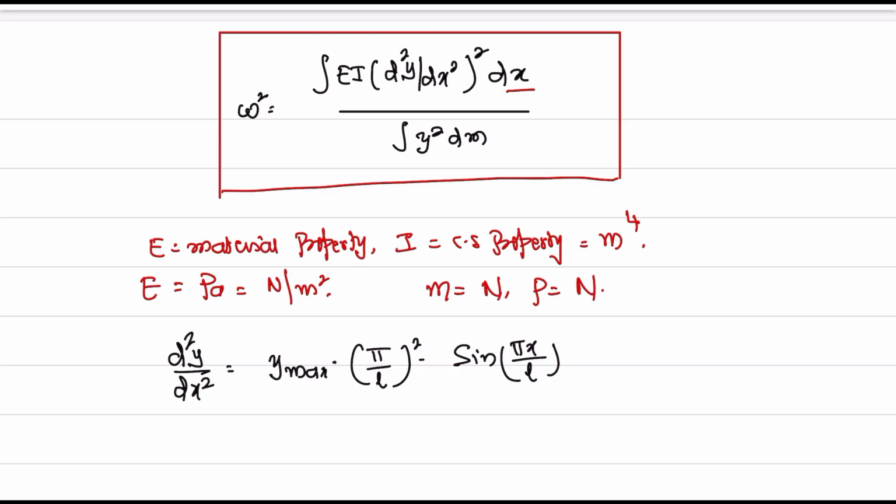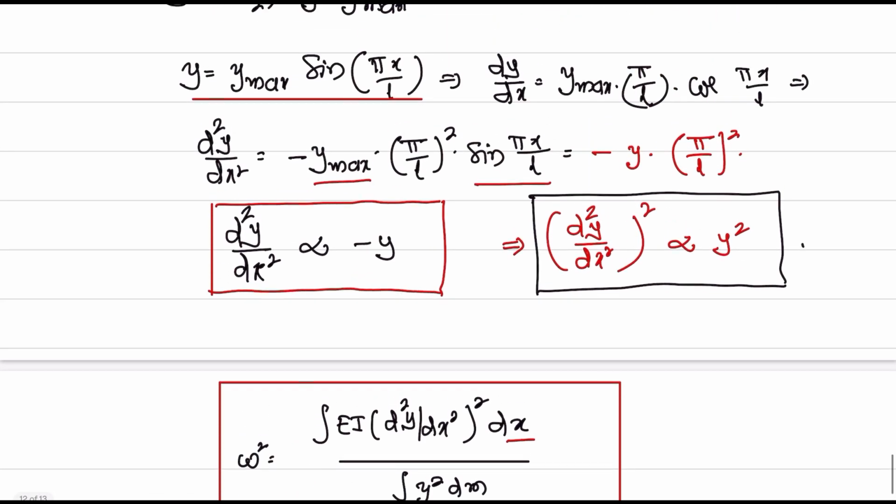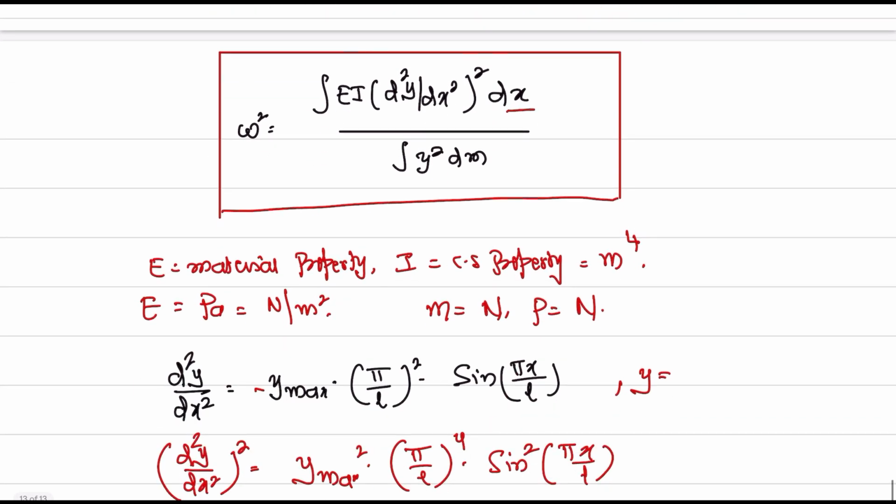Then d square y by dx square whole square is equal to y max square into pi by L to the power of 4 into sin square pi x by L. This is to be substituted here. EI is a constant. Then what is y? y is equal to y max into sin pi x by L.